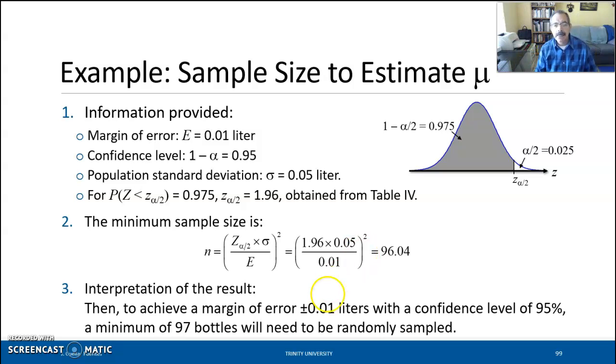So in the interpretation of this result, to achieve a margin of error of plus or minus 0.01 liters with a confidence level of 95%, a minimum of 97 bottles will need to be randomly sampled. So we rounded this 96.04 to the next integer, which is 97.